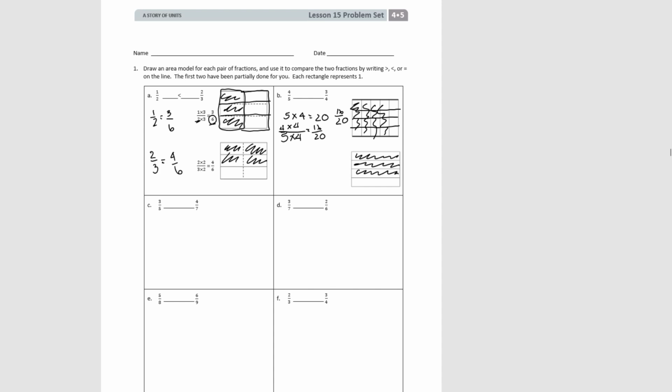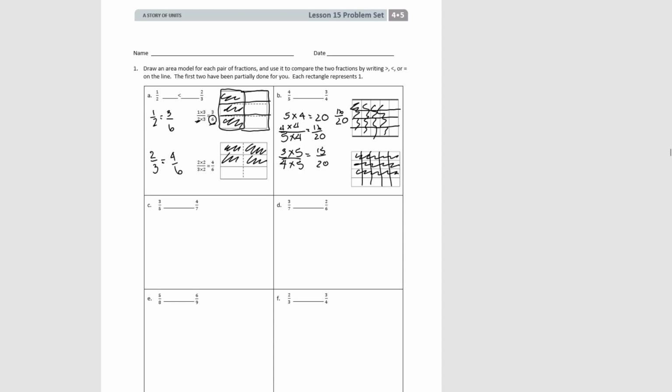In the second one, I started with 4ths, so I'm going to need to multiply by 5 to get 20ths. And I'd get 15 20ths. And on my area model, I started with 4, so I'm going to need to draw 5 equal sized pieces.